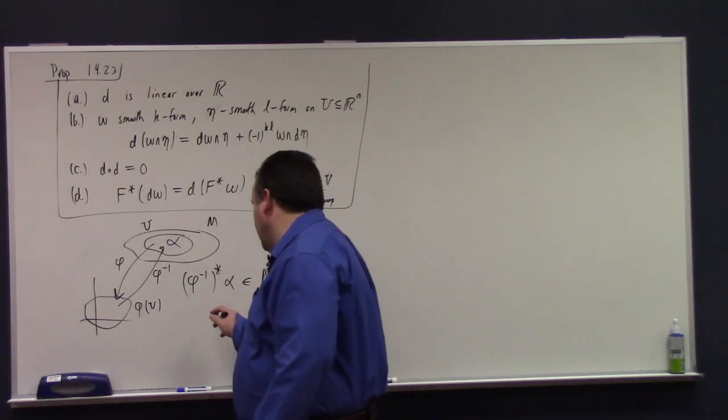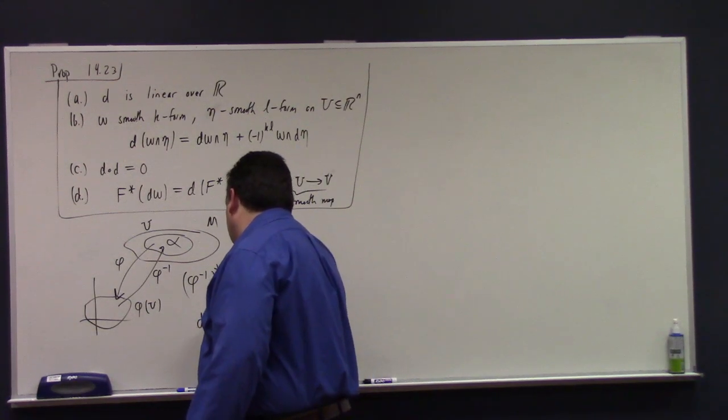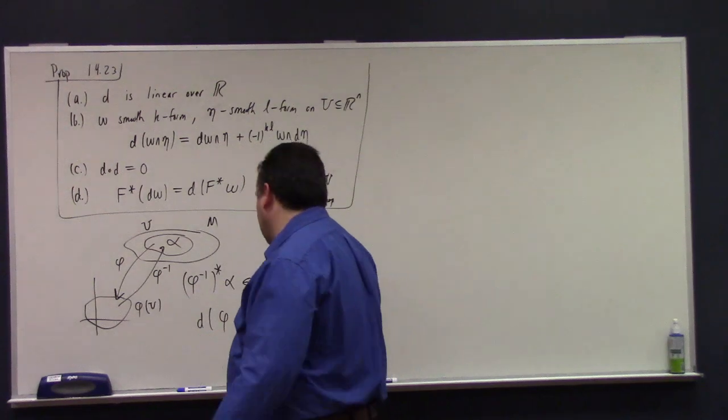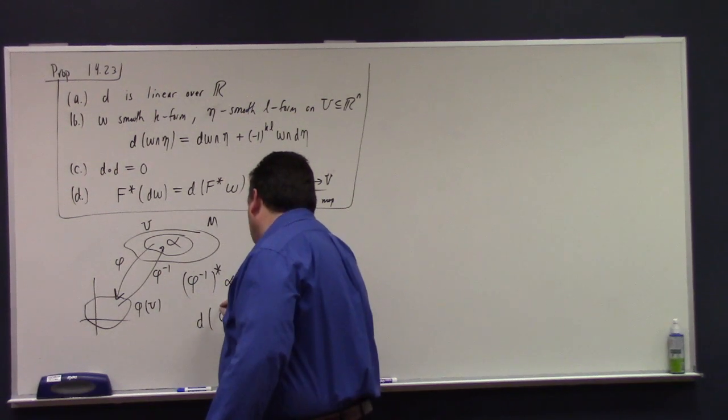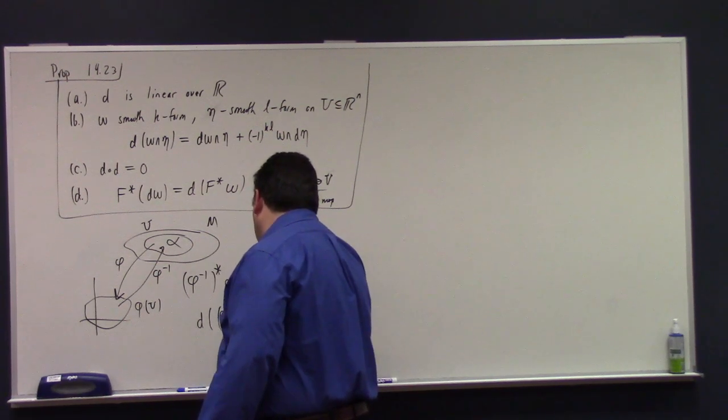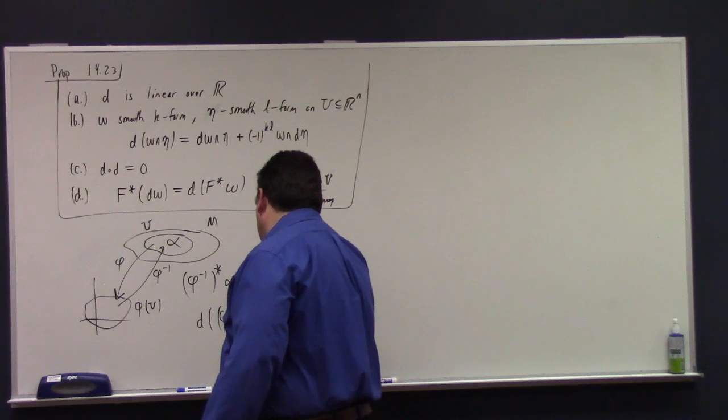And then I can exterior differentiate down there all I like according to proposition 14.23. I can do everything down there like that. And so this is defined down in Rn, right?